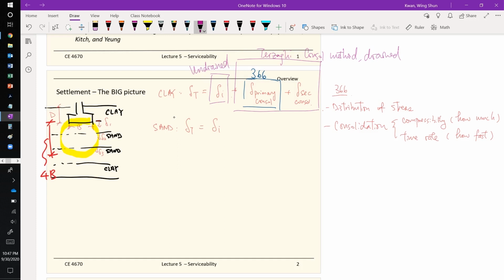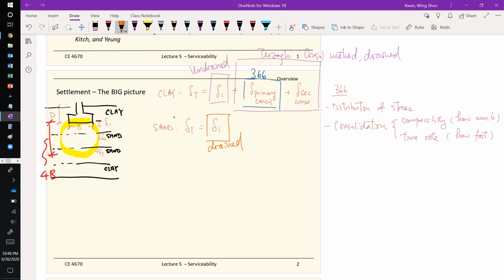But for sand, it's the other story. For immediate settlement, because sand is very permeable, the water can pass through the sand easily. So within the construction time, very likely you have drained conditions, unless you have some very special design scenario, for example an earthquake, because earthquake loading happens within minutes, at most maybe 2 minutes.